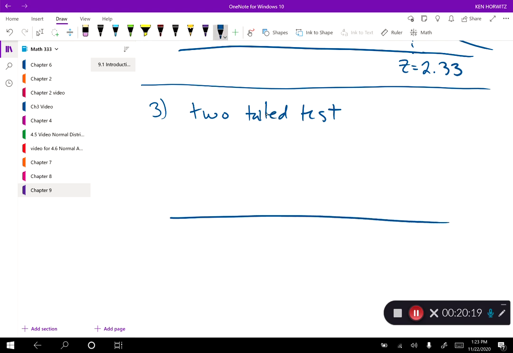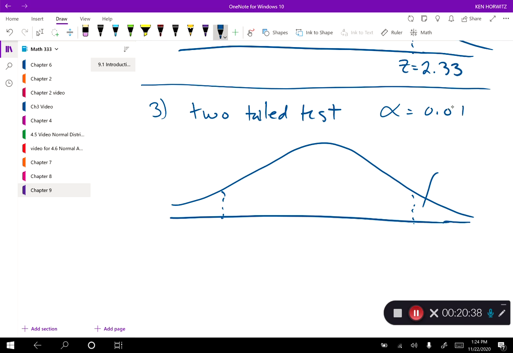It is going to have z-scores equidistant apart, and my rejection region, if alpha is 0.01, is going to be alpha divided by 2, which would be 0.005 and 0.005. And in the middle, I would have 0.99.